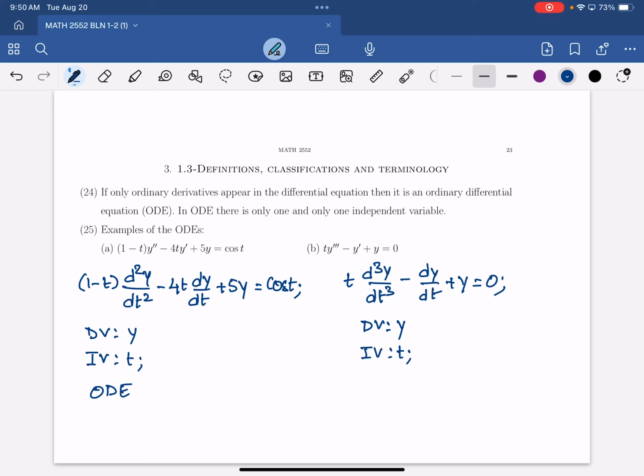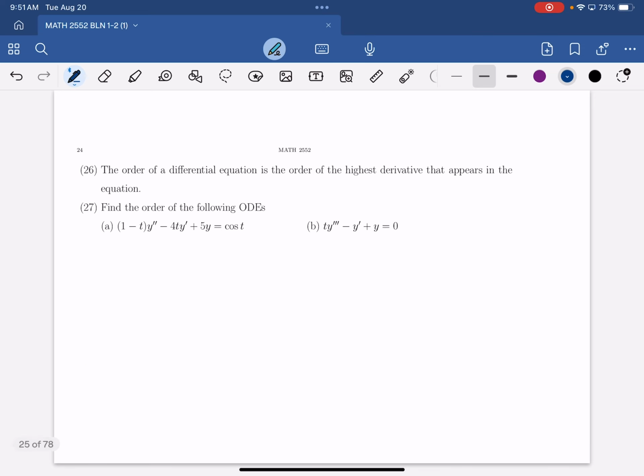I have ordinary derivatives, meaning derivatives of y with respect to one independent variable t, and so this is also an ordinary differential equation. And it has an equal sign, so it is an equation involving ordinary derivatives. Now, what is not an ordinary differential equation? I will introduce that as time goes by. But for now, this is what an ordinary differential equation is. Are you all okay with that?